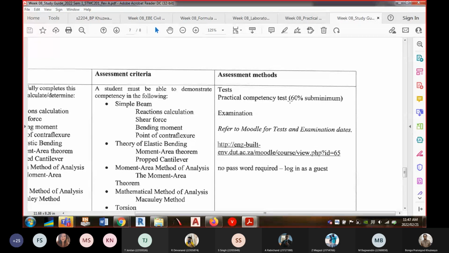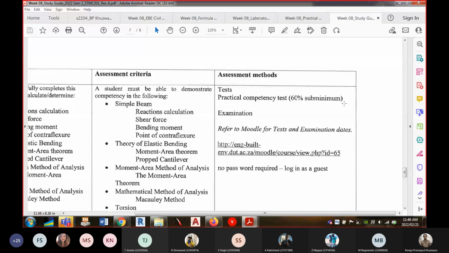Because of a few issues with students being unable to draw shear force and bending moment diagrams in the subject you'll be doing next semester, I'm going to focus the practical on shear force and bending moment diagrams, and there's a sub minimum.